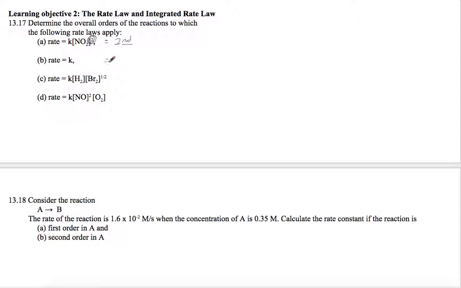And so this is going to be 0 order. Here, this is a weird one. We don't often see half values for our orders, but it is possible. So this comes out to be 1.5 for the order, and this is then third, 2, and there's a 1 there because no exponent indicates a 1, so that's third order. All right.